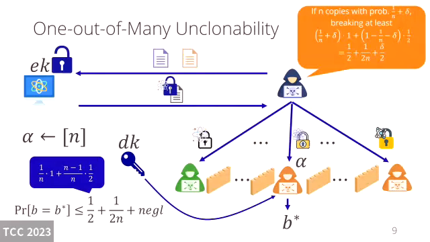And if the adversary does not succeed, they can still output a correct guess with probability half. So we can derive this bound. But this probability contradicts the security of one-out-of-many unclonability. So the adversary cannot succeed in generating n copies with probability 1 over n plus inverse polynomial.